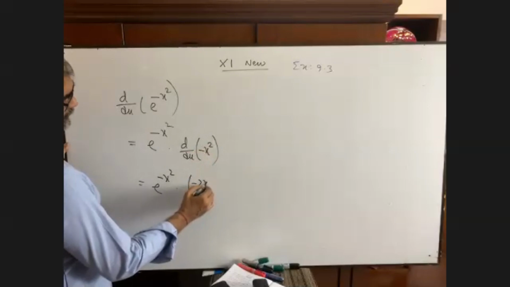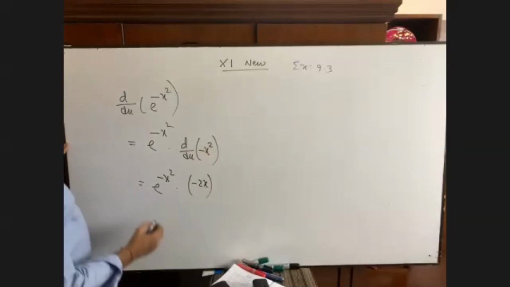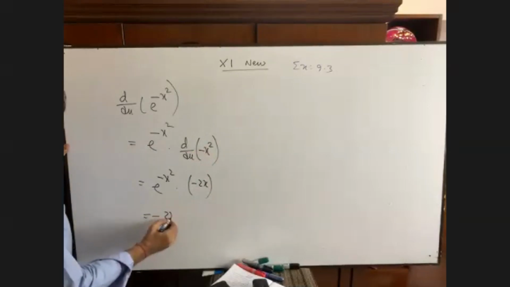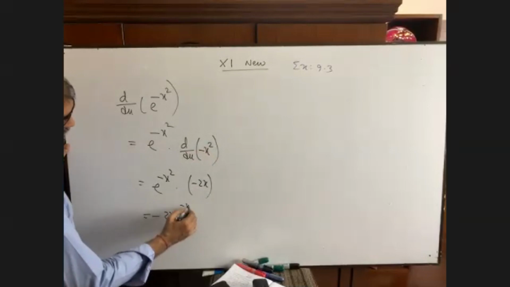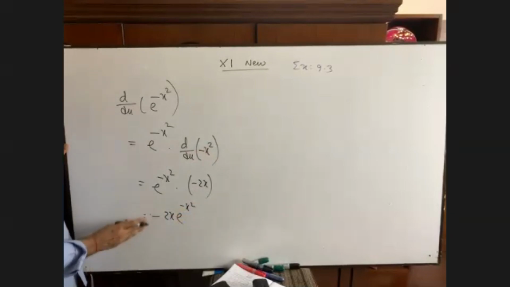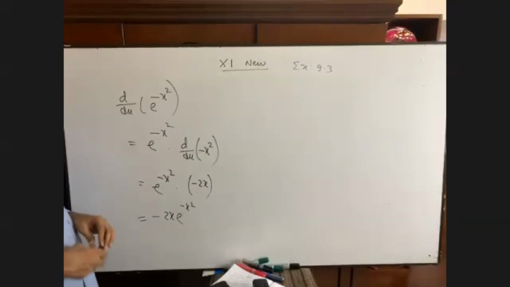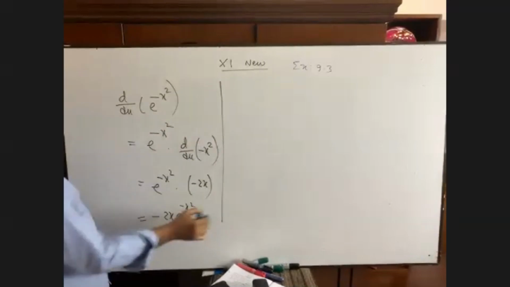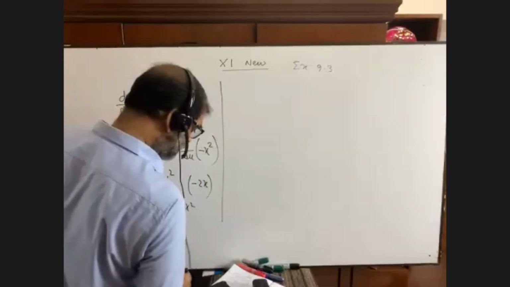Minus 2x. So it is minus 2x e to the power minus x square. Math is done. I think it is okay, right? Yes, sir. Okay.